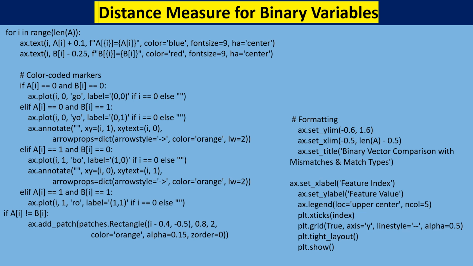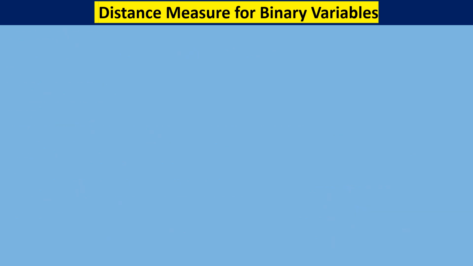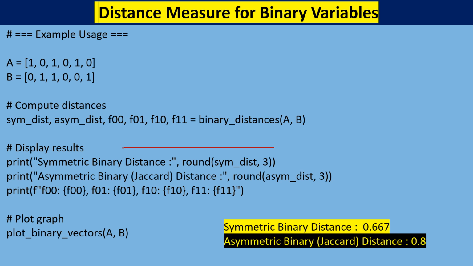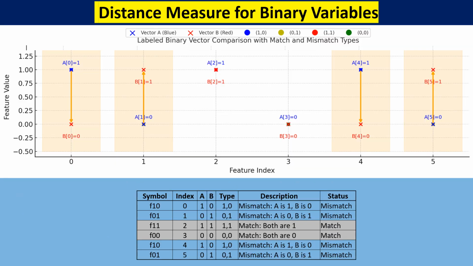Continuing with the Python code, we can see the result displayed in the next slide. So we already told you the symmetric distance is 0.667 and the asymmetric distance is 0.8.